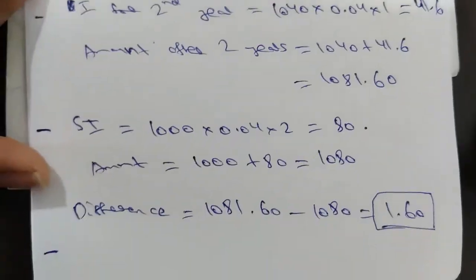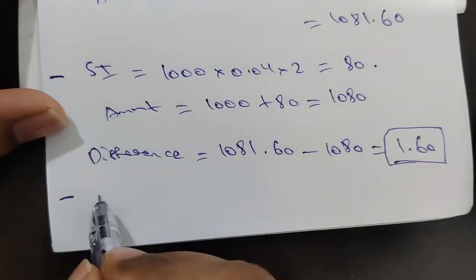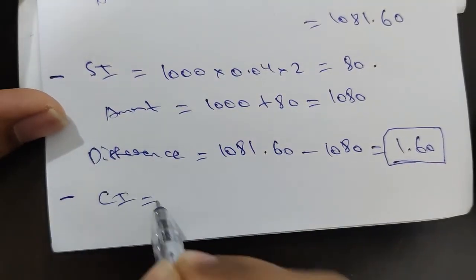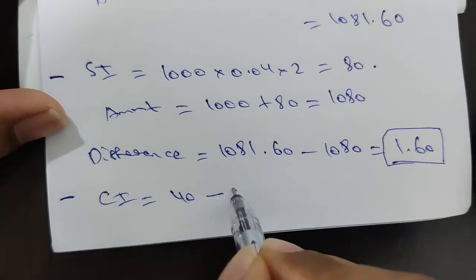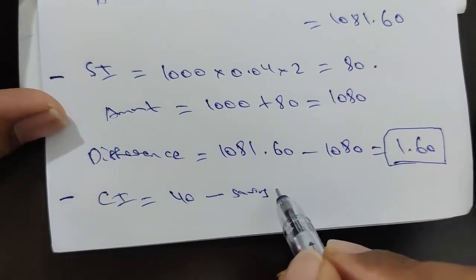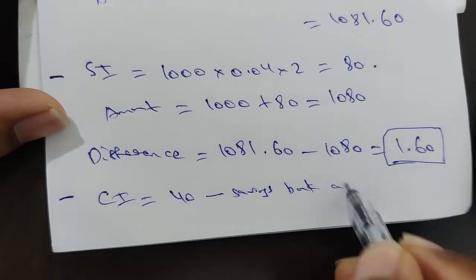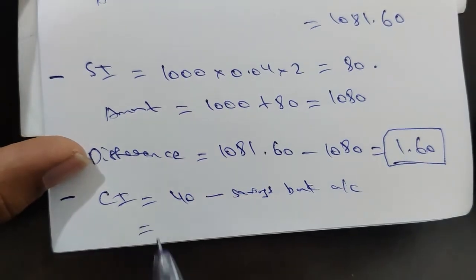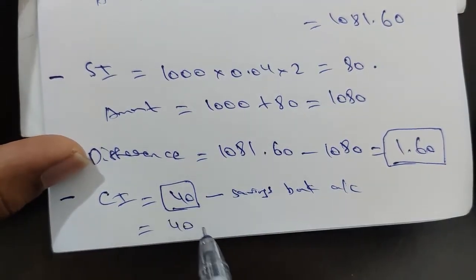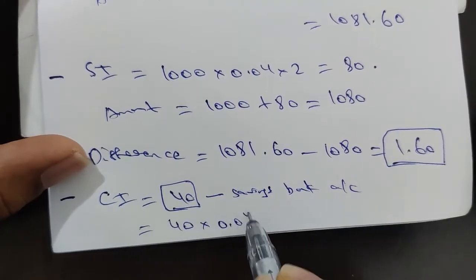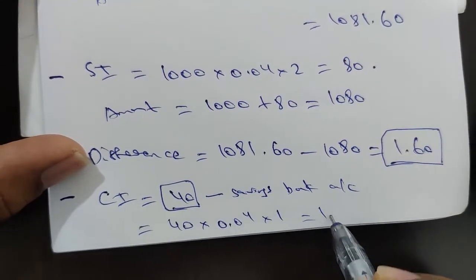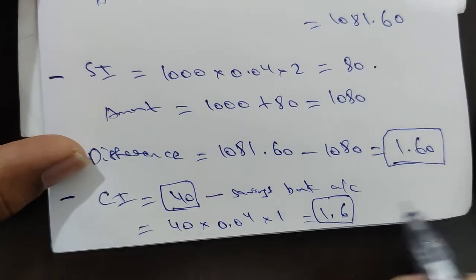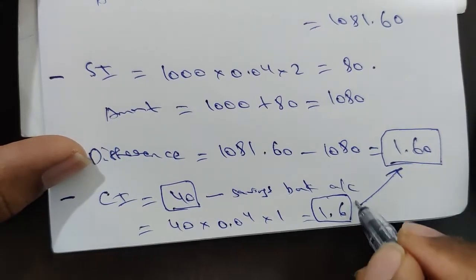But in compound interest, what will we do? This 40 rupees earned, we will keep in a savings bank account at least, if not invested somewhere else. So we will earn on this also for 1 year. What will we earn? We will earn savings bank interest, which will be 1.6 rupees. So this is the difference.